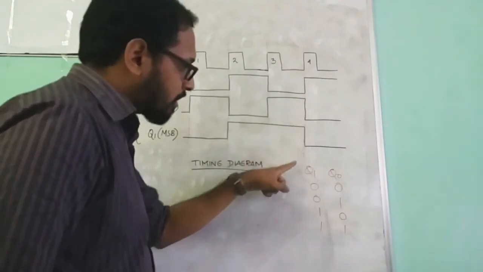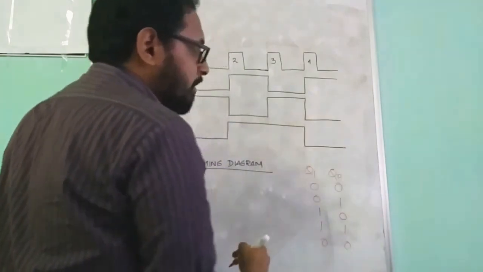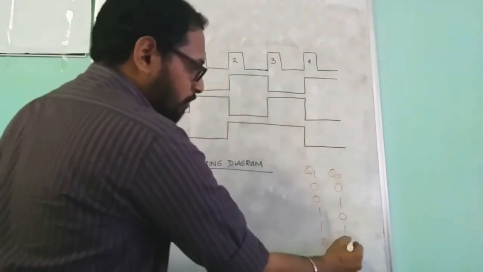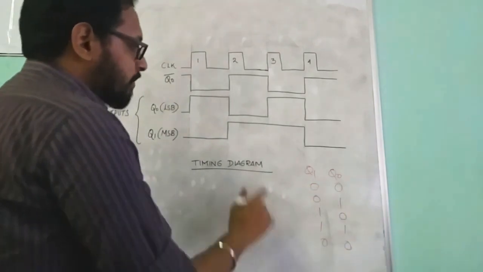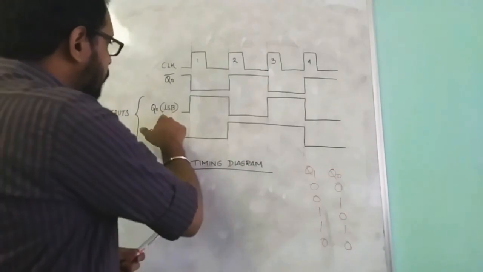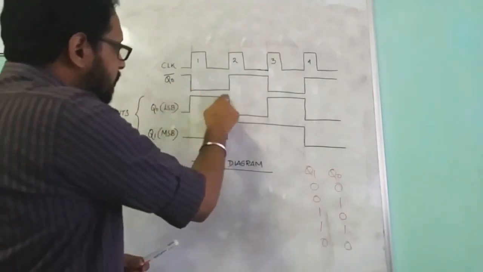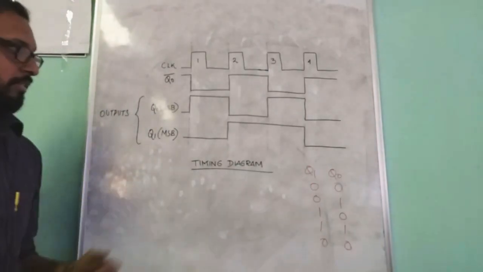And the next case it's 0 0, so this will be 0, and this will also be 0. Clear? 0 0, 0 1, 1 0, 1 1, and Q0 bar is just the reverse of what we have obtained in the case of Q0. Please, this is a timing diagram.